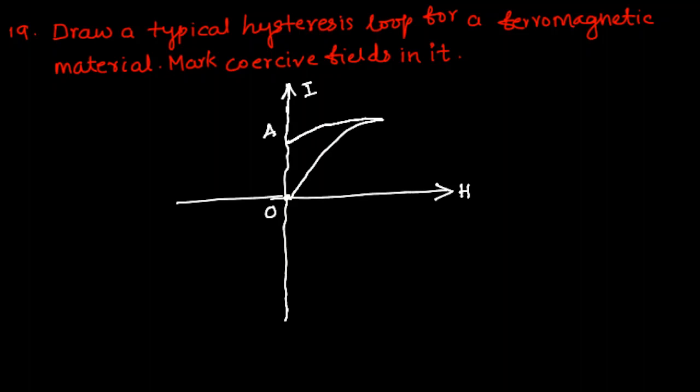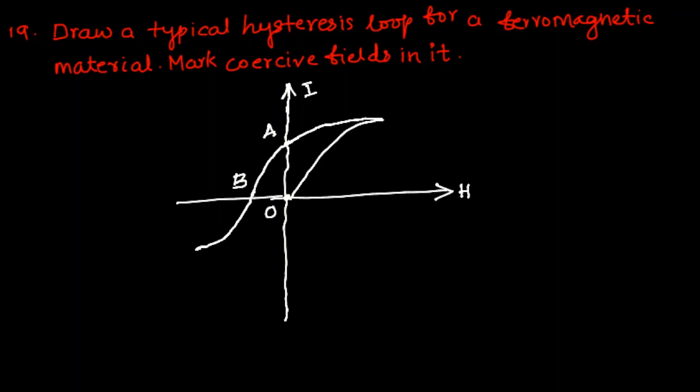When we apply magnetic field in the reverse direction, magnetization decreases and it becomes 0 at point B. Now we continue increasing the magnetic field in the reverse direction, then magnetization also increases in the reverse direction and reaches a maximum value.